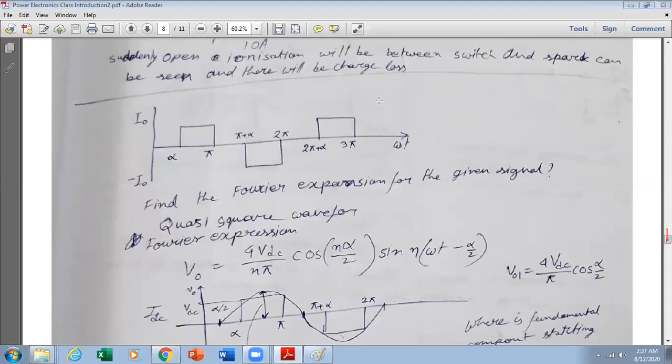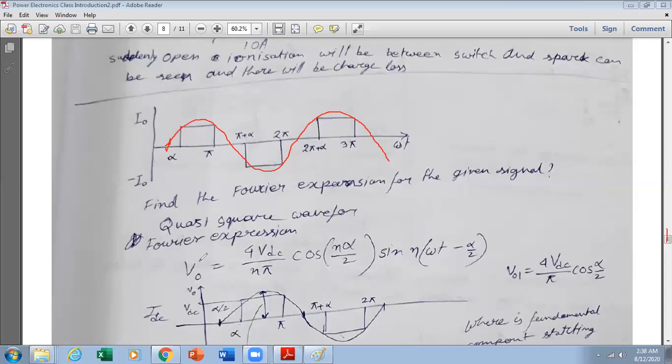Suppose how the fundamental waveform may come, it will come from alpha by 2 to pi plus alpha by 2. So this is our fundamental component that goes through this way. Okay, fundamental component is this.